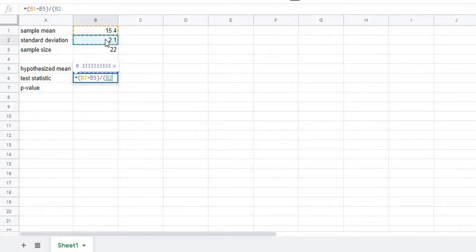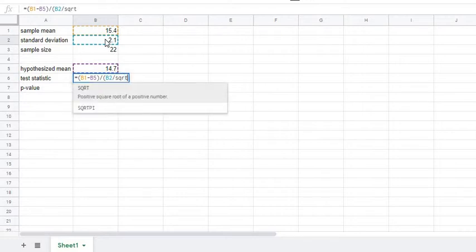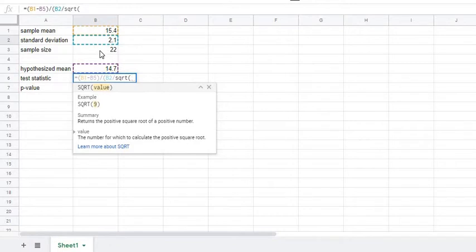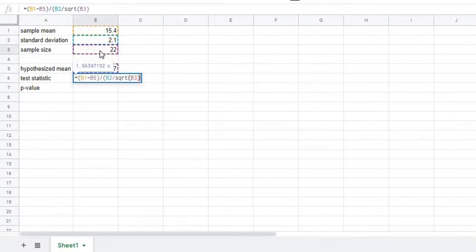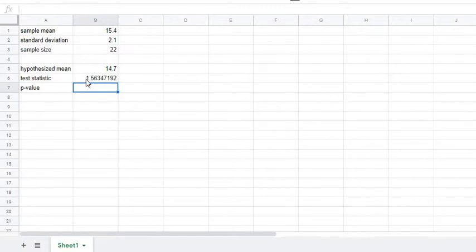The standard deviation divided by the square root, and for the square root we would write SQRT, and then the sample size. Okay, so I find that my t-test statistic, or my standardized test statistic, is 1.56.